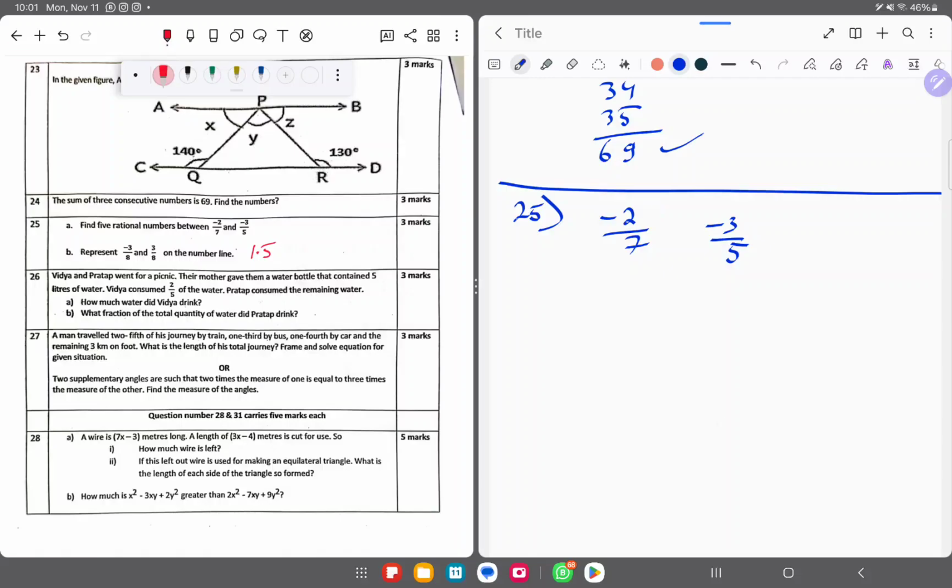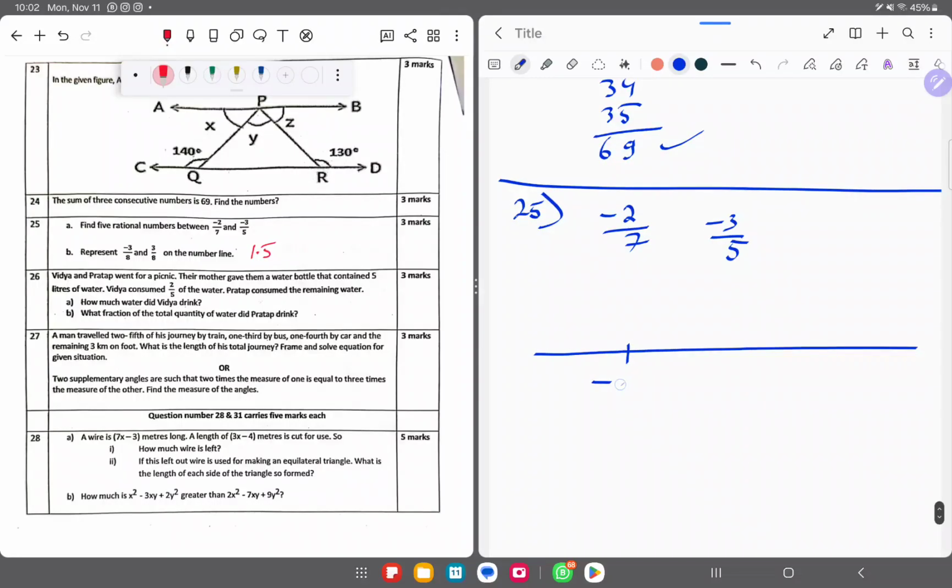So what did you not do properly? Find the 5 rational numbers between minus 2 over 7 and minus 3 over 5. Minus 2 over 7 is what? 2 divided by 7, okay, this is minus 0.28.